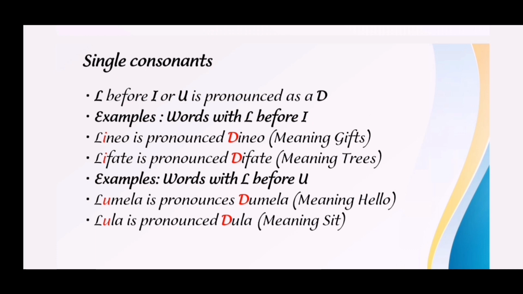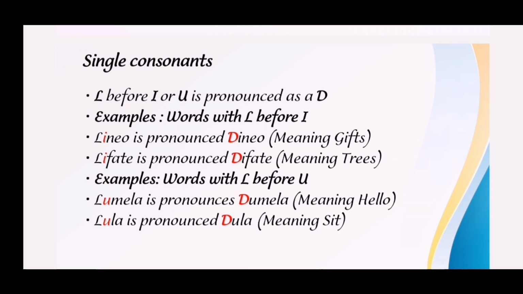But because L is followed by I, that L automatically changes to D. So the word is pronounced dinewo, with the letter D. Even though it's written with an L, because it is followed by an I, it is going to be a D. The L changes to a D. So the word dinewo means gifts.